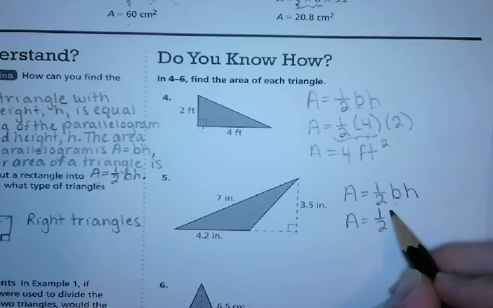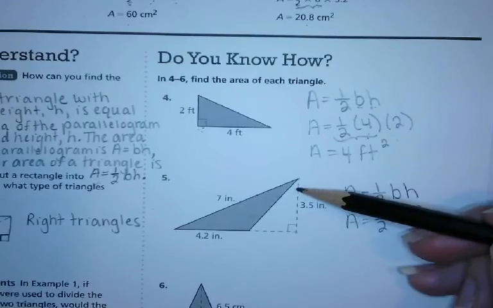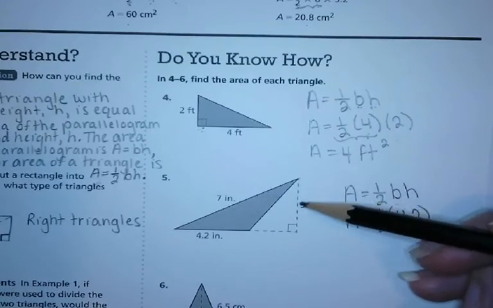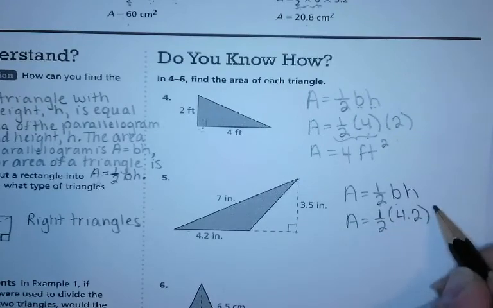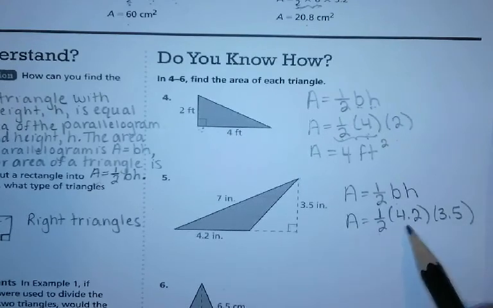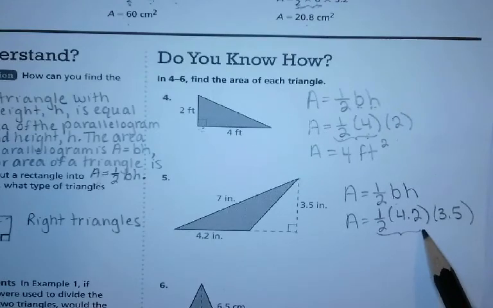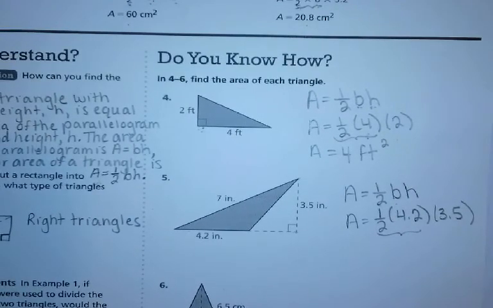Okay, so the base is the 4 2/10. And then the height would be this dashed line here. It's the line that's perpendicular to the base. Okay, now half of 4.2 is 2.1. And 2.1 times 3.5 is not something that's necessarily real easy to do in your head. So this will definitely be one that you need a calculator for.